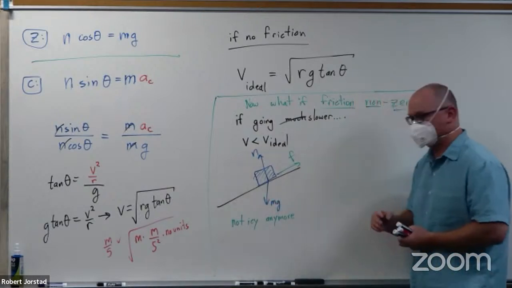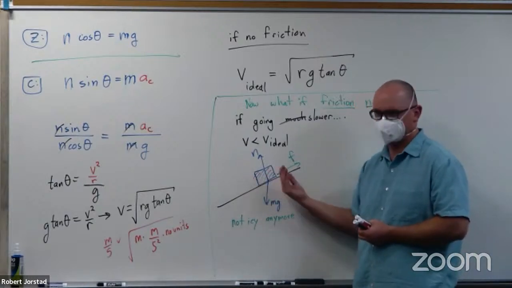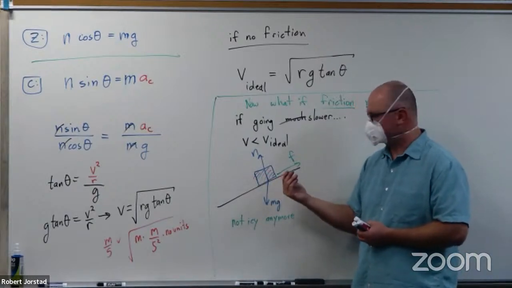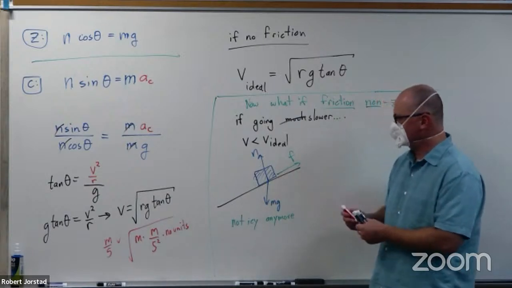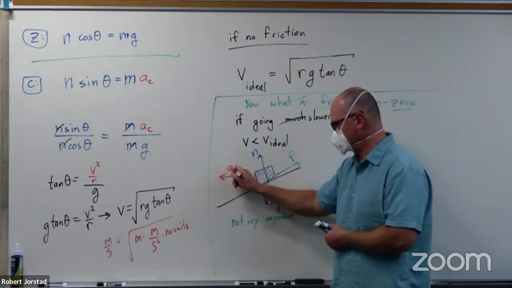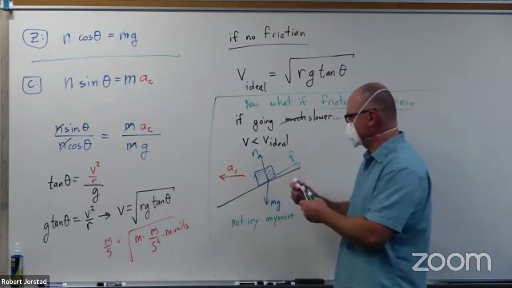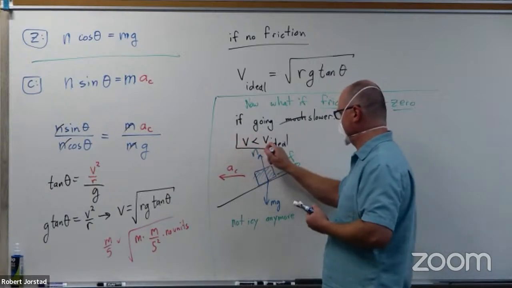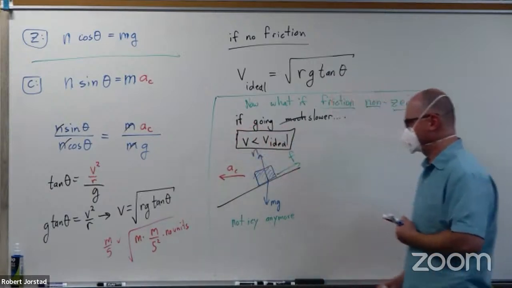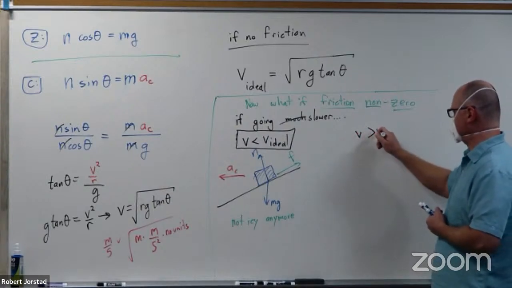Now, do you agree if you're going just a little bit above zero, this should still be true? Yes. So this helps us understand if we're going at slow speeds, you're still going to accelerate this way, but there's friction up the plane. And again, that's for V less than V ideal.